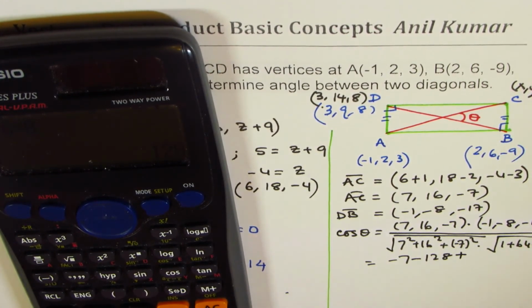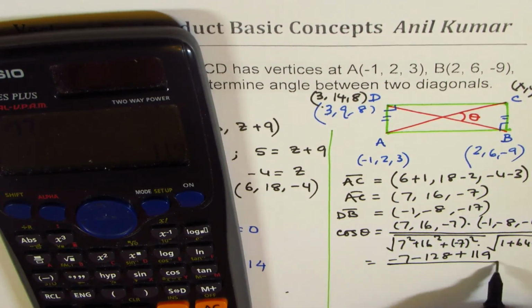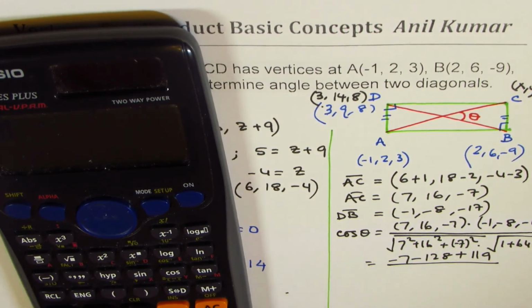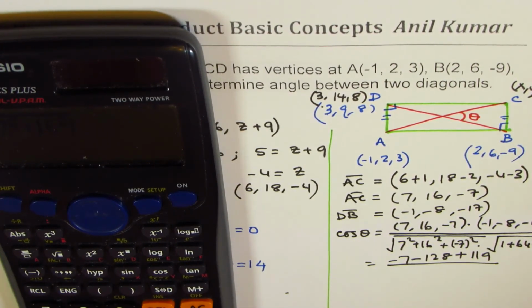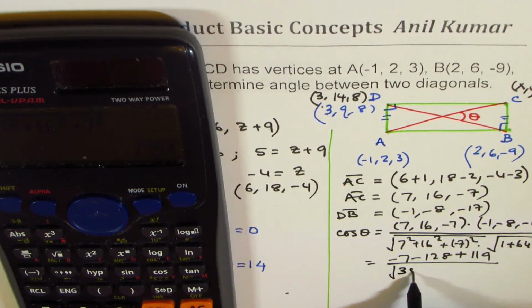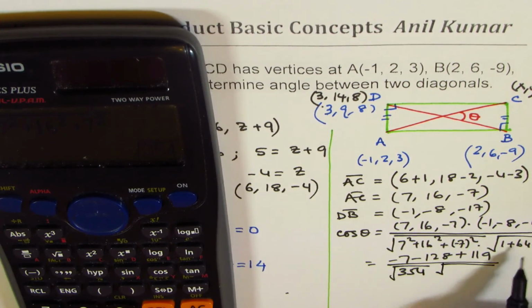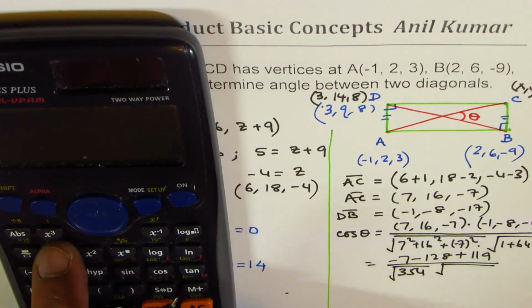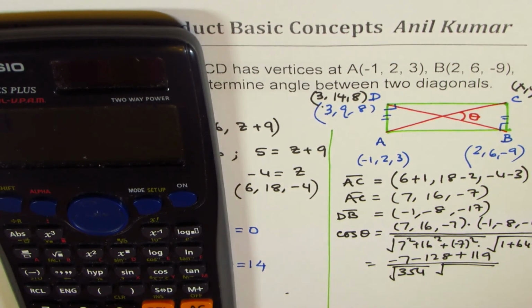And then we get plus 7 times 17, 119, divided by the square root of 7 squared plus 16 squared plus 7 squared, which is the square root of 354, times the square root of 1 plus 64 plus 17 squared, 289, which is again 354, right?